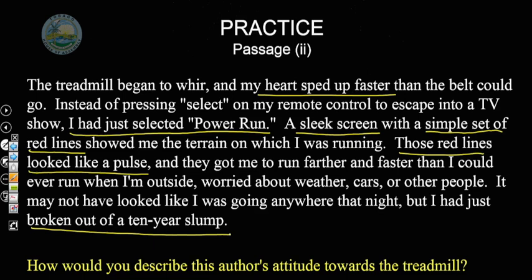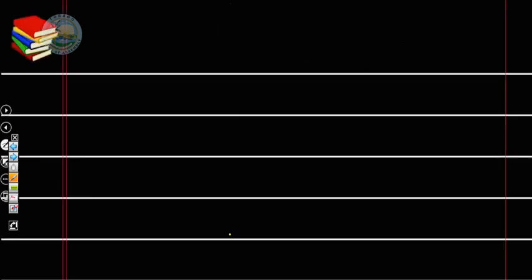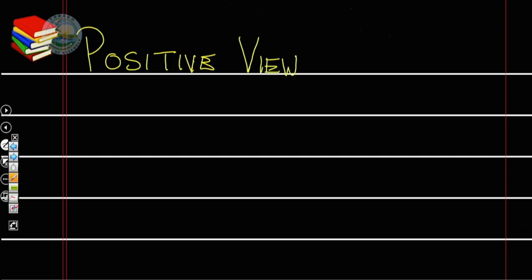So what would be the attitude of this author to the treadmill? Looking at the examples and the key elements that we have coming out here, we can conclude that this writer has a more positive view. It's a positive view about the treadmill. There is a tone of exuberance.